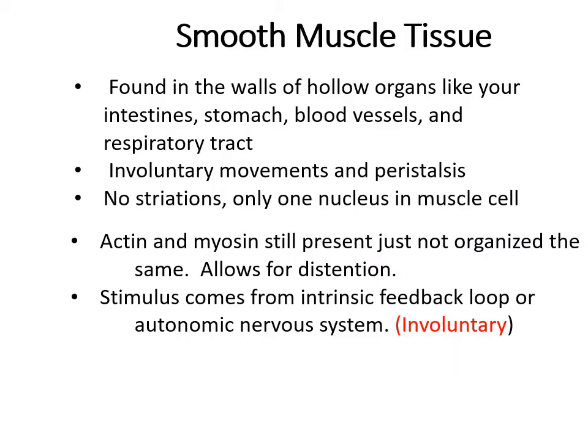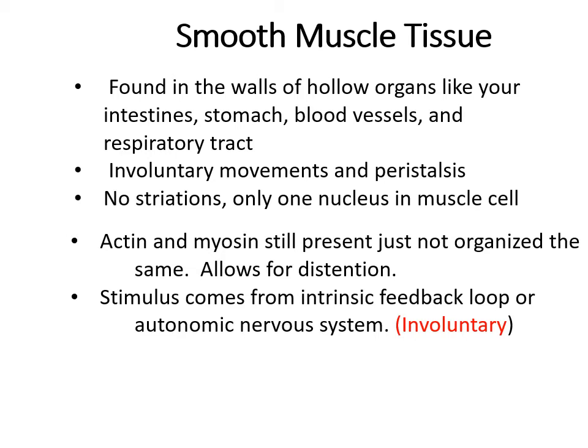Okay, so where do we have smooth muscle tissue? Typically smooth muscle is a less organized type of muscle than the cardiac or the skeletal muscle, and it's found in hollow organs such as your intestines, your esophagus, your stomach, the blood vessels throughout your body, typically and more commonly the arteries as opposed to the veins.